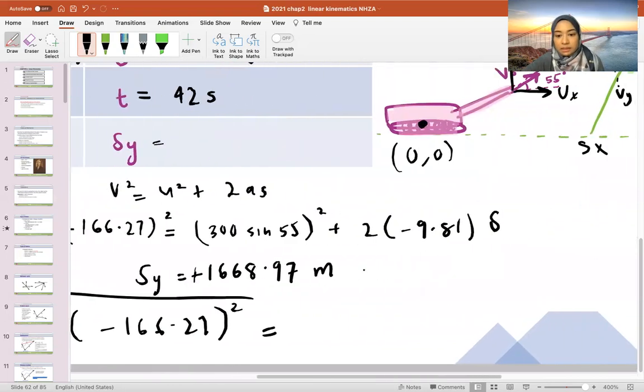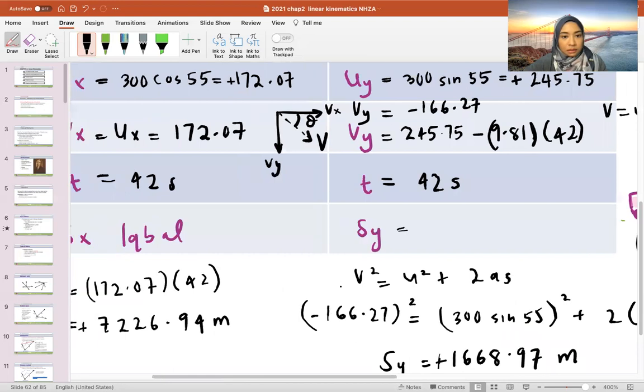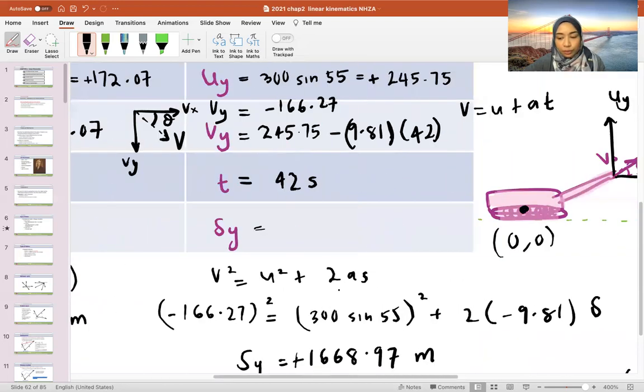Okay, so now kita solve je lah macam biasa. Inverse tangent theta is equal to inverse tangent of vy, minus 166.27, over vx, 172.07.